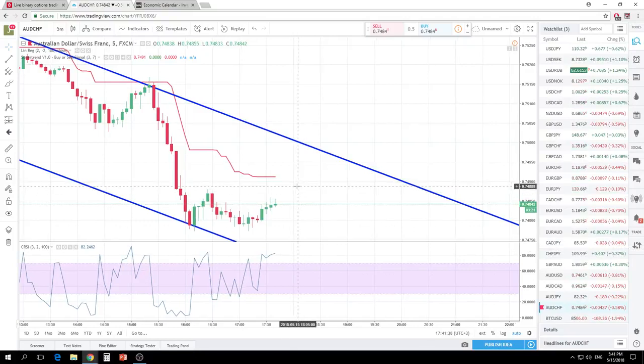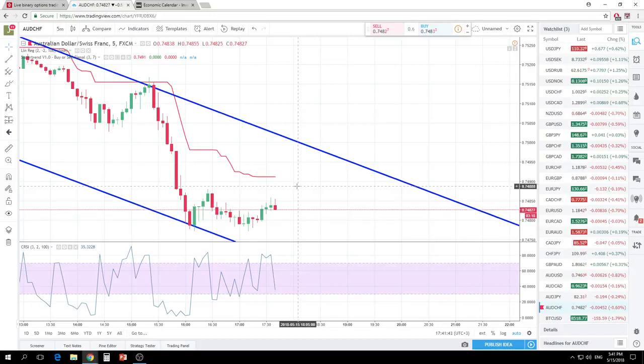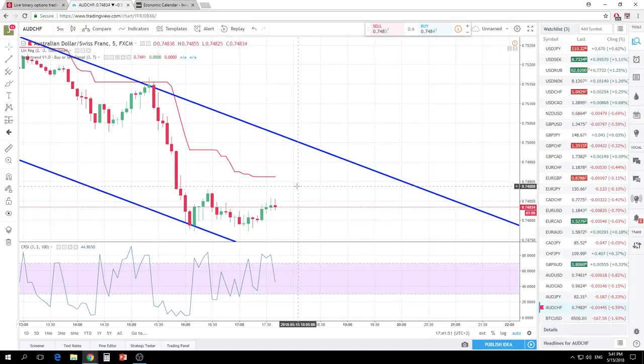And now this volatility or even manipulation should come to an end, and it should bring us the profit that we deserved with our good analysis. Three minutes more to wait before the Australian dollar Swiss franc trade is over.